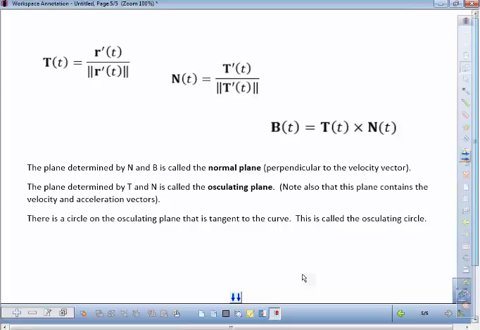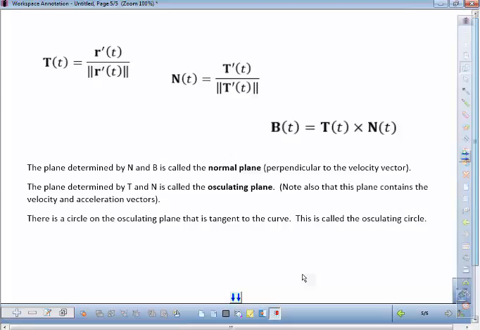Your N vector is either to the left or to the right, depending on which way you're turning. So if you're turning left, then your N vector is on your left side. And then your B vector is your spine going up. Okay? Now your roller coaster goes up and goes down, and then turns, right? So your tangent, your normal, and your binormal vector are turning along with you.